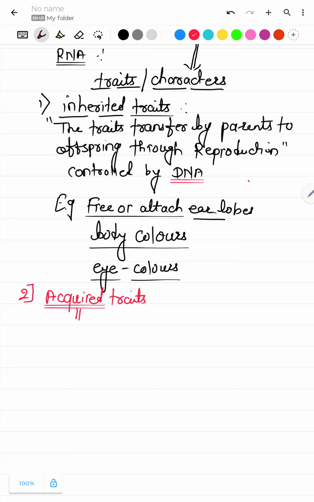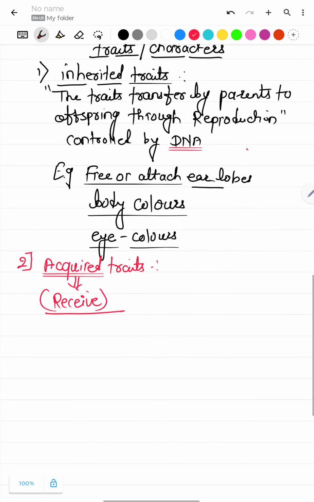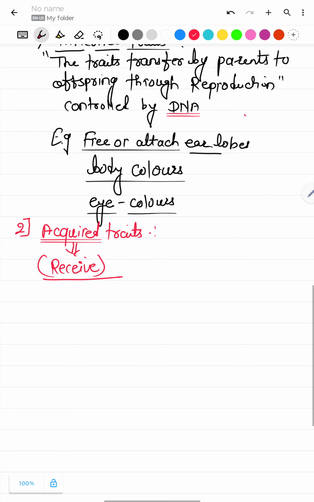Acquire, its meaning is receive. The trait which is received during their lifetime. The trait or the character or the feature or the quality which is received by the individual during their life.